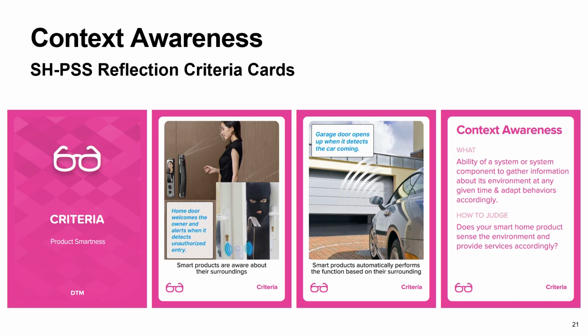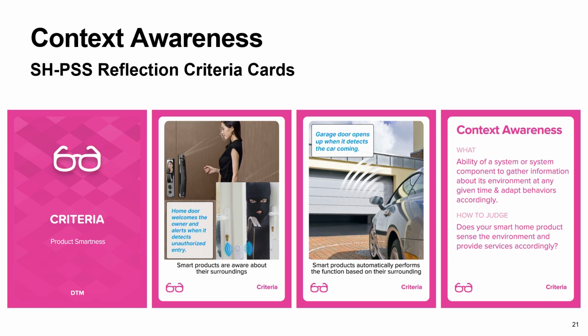So, whether your PSS recognizes the context, that in what context you are using it, right. Because you expect that all the entities of the smart home should understand in which context you are using that particular product, like the lighting system in your home in the morning, in the evening, or maybe in the late evening, or maybe in the late afternoon, you expect it to be different, right.